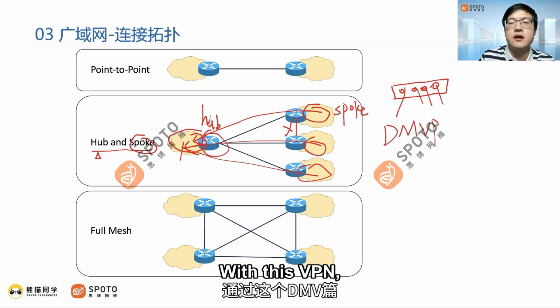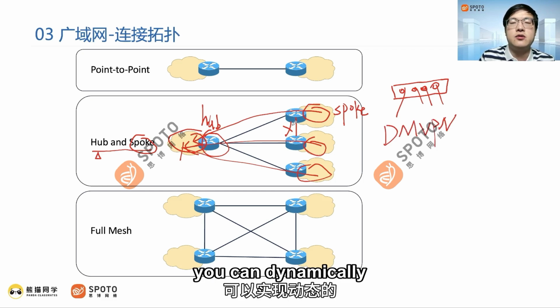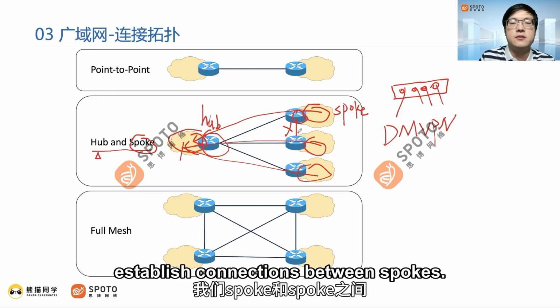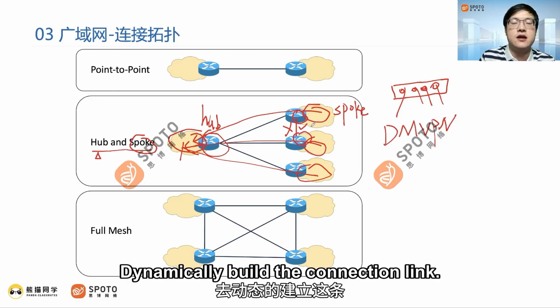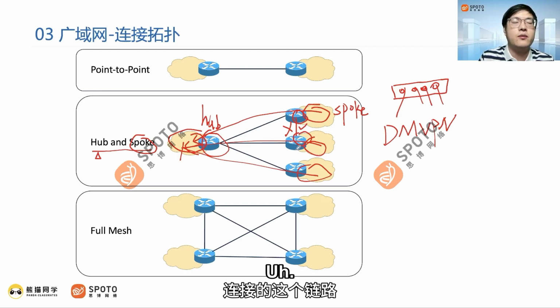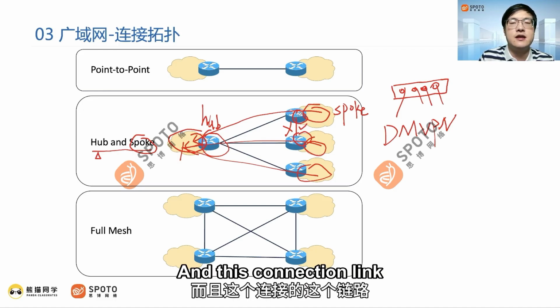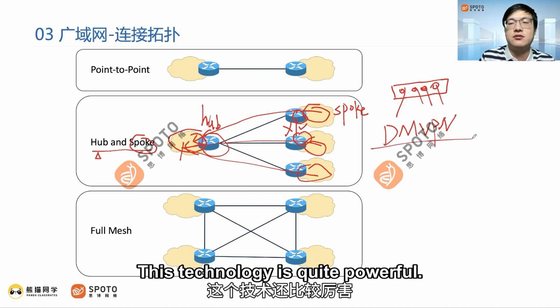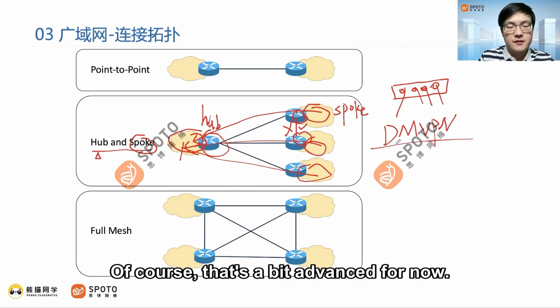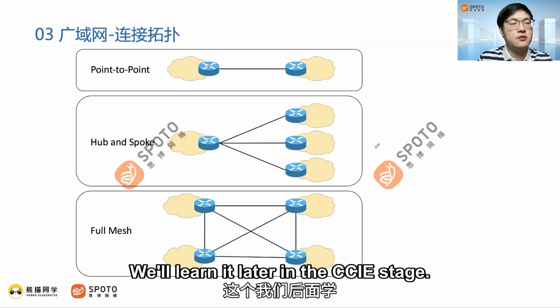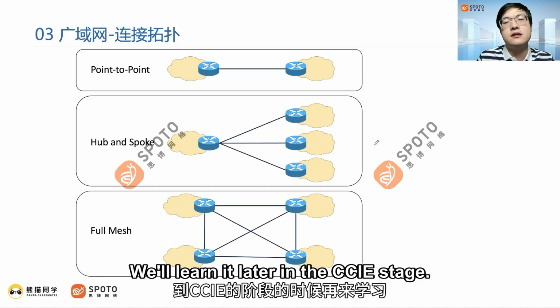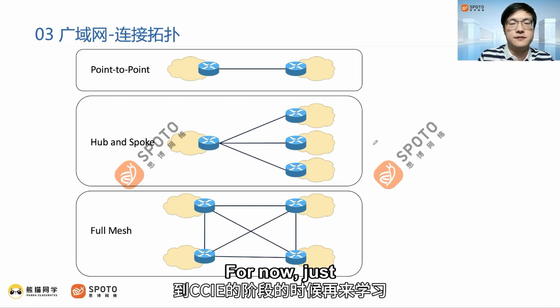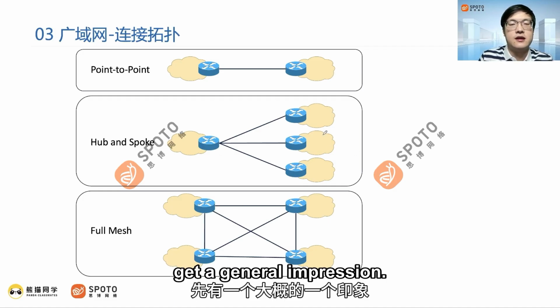With this VPN, you can dynamically establish connections between spokes, dynamically build the connection link, and this link can also be encrypted. This technology is quite powerful. Of course, that's a bit advanced for now. We'll learn it later in the CCIE stage; for now, just get a general impression.